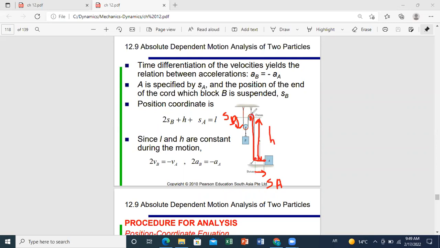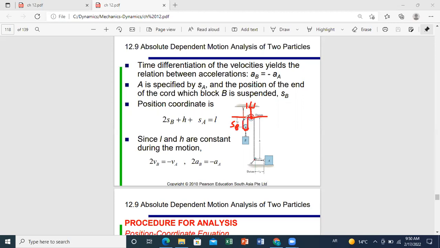Now, all these arcs of circles have constant lengths. So I can lump all of these arcs of circles in one constant. Plus, concerning SB, I selected the reference line here. I consider that the reference line is passing by the center of this pulley since this point is fixed. This selection will allow me to say that when I move through this distance, I'm moving a distance equal to S of B. And this part is a constant, this arc of circle here.